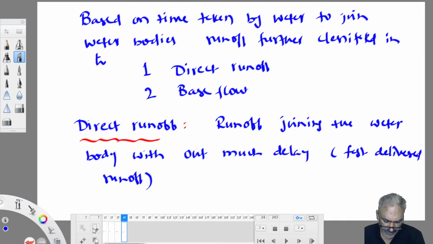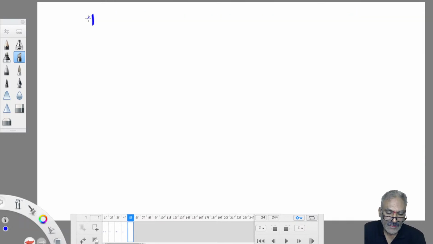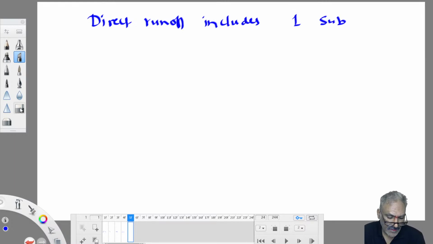So direct runoff includes two things: one, surface runoff, and two, prompt interflow.